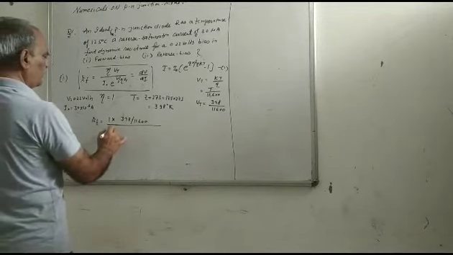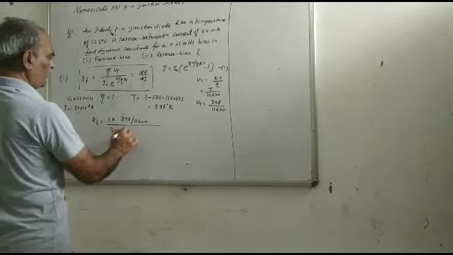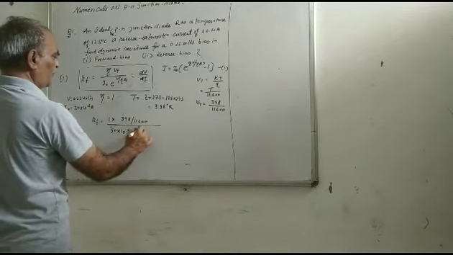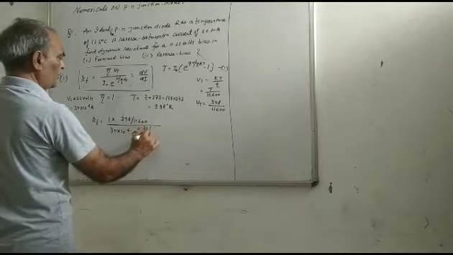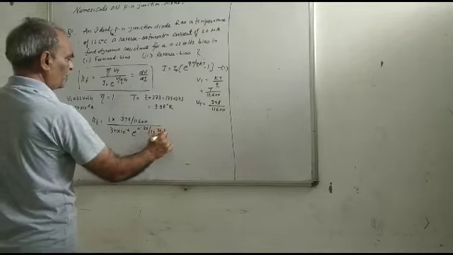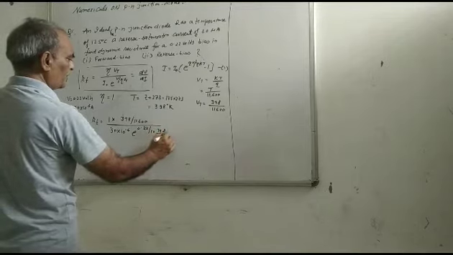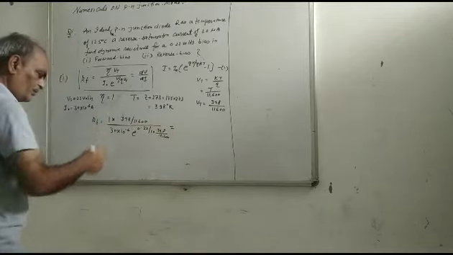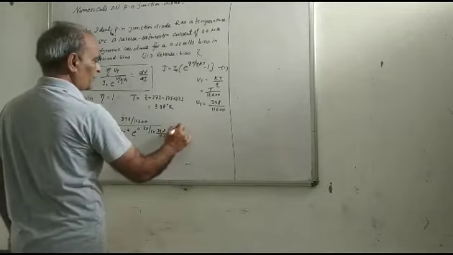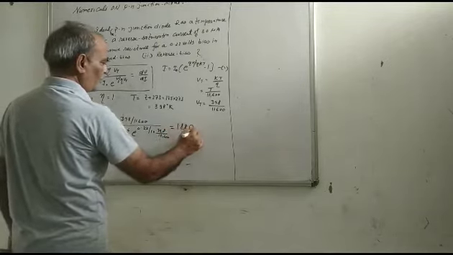Substituting values here, V is 0.22, eta is 1, and Vt is 398 upon 11,600. After solving this whole value, the forward resistance comes as 188 ohm.